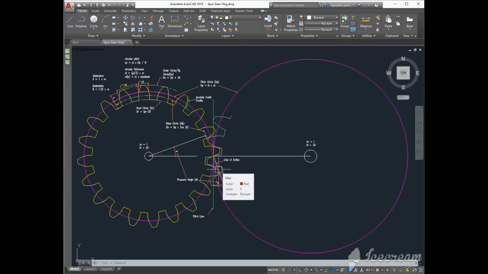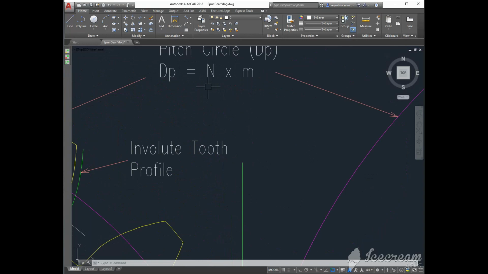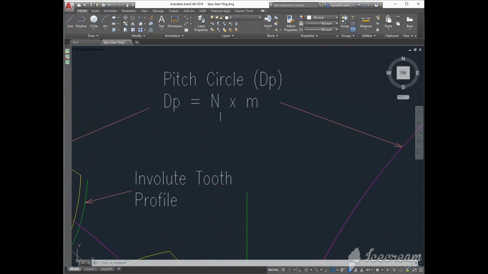In our previous example, the pitch circles of the gears are represented by wheel 1 and wheel 2. The pitch circle diameter can be calculated by multiplying the number of teeth N and the module, or dP is equal to N times m.